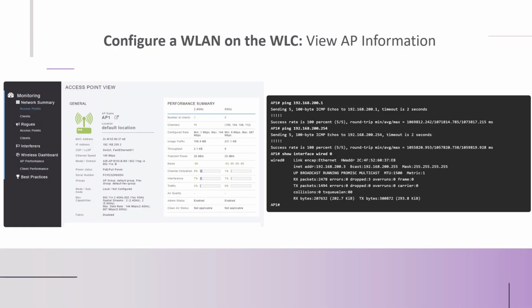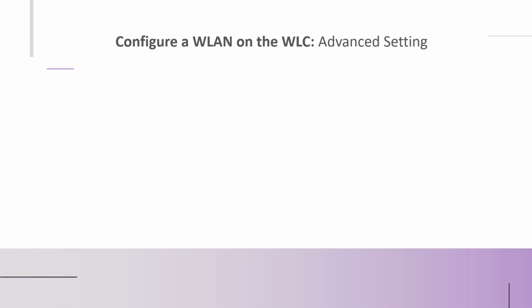Most wireless controllers will come with some basic settings and menus that users can quickly access to implement a variety of common configurations. However, as a network administrator, you will typically access the advanced settings.